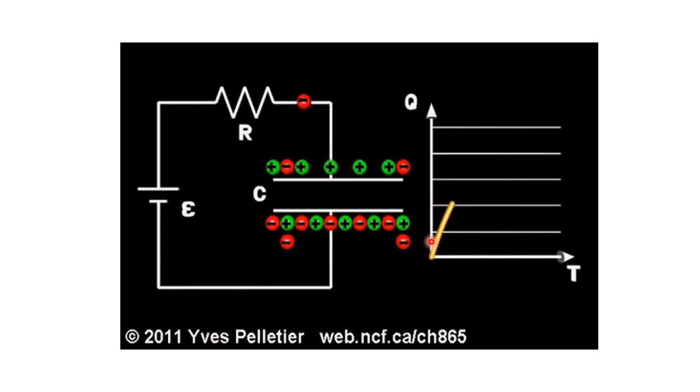The Q increases until it reaches the maximum, which equals V naught here, and at that time no current flows through the resistor. Then the charge on the capacitor reaches Q naught, or Q maximum. This process we call the charging process.